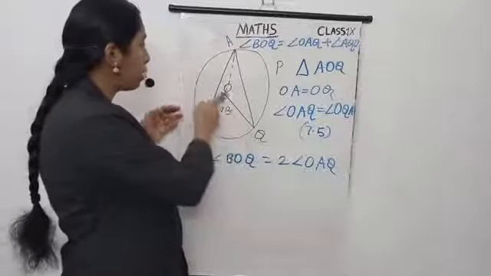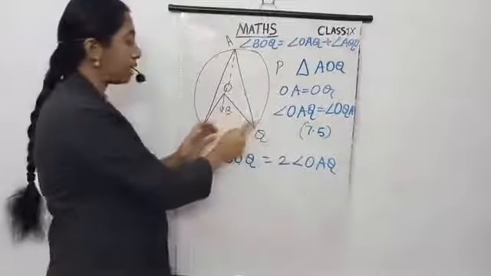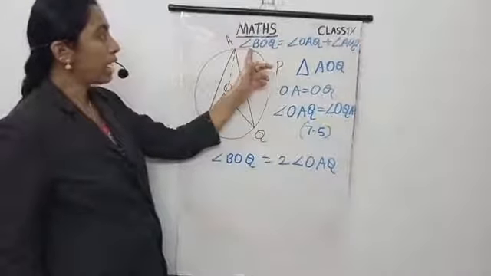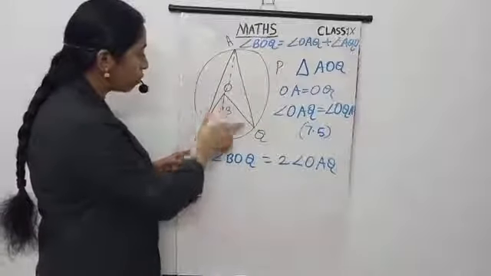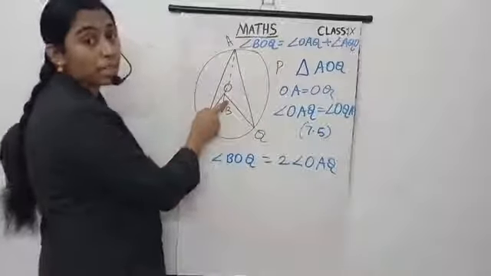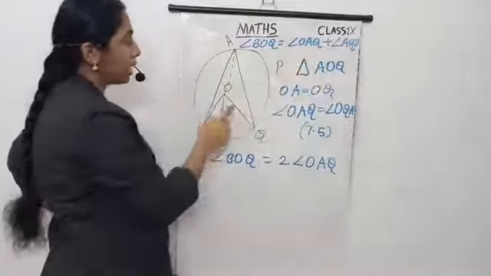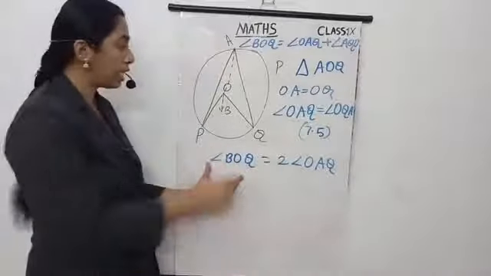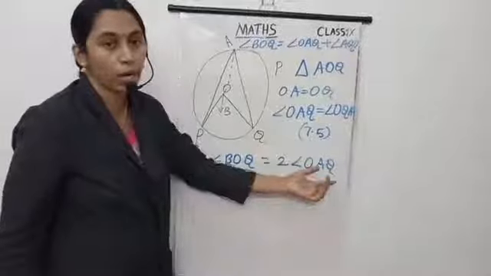OAQ means this angle, and OQA means this angle. So both are equal. We already said that angle BOQ, this exterior angle, equals angle OAQ plus angle AQO. Since both are equal, we can say that angle BOQ equals 2 angle OAQ.